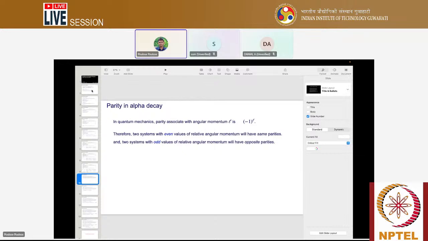Parity essentially is saying that if we are considering any system with all coordinates taken to be x, y, and z, then somebody else is considering a different system whose coordinate system corresponds to minus x, minus y, minus z. Which means that you have a reference system where you have actually inverted all the coordinates, or all the reference axes.